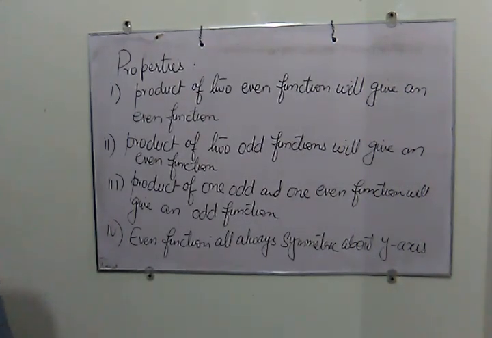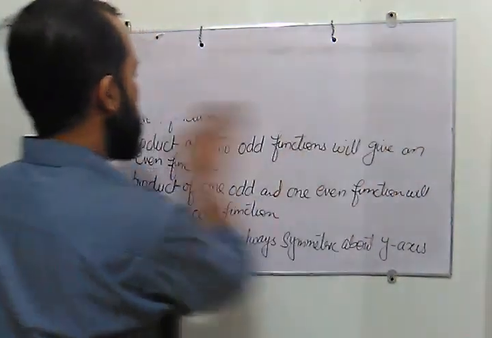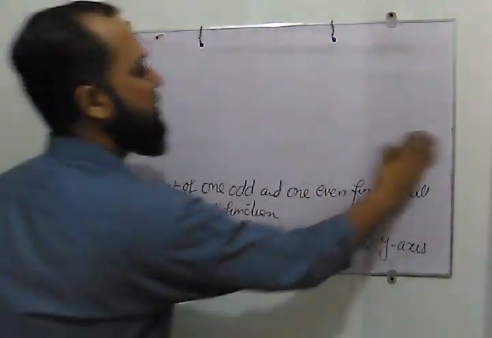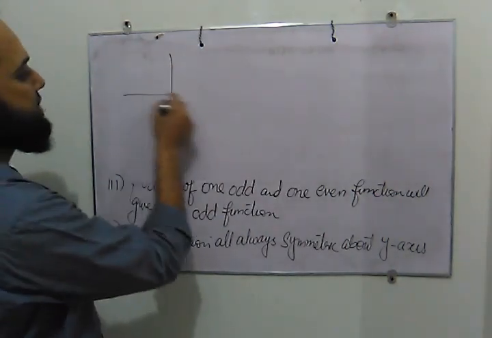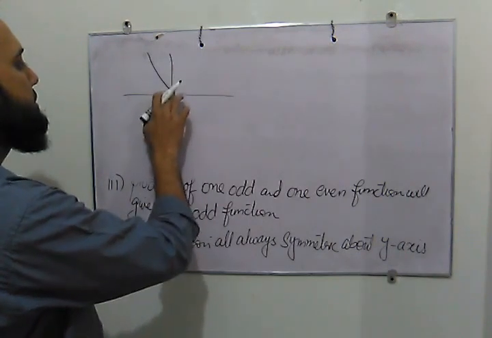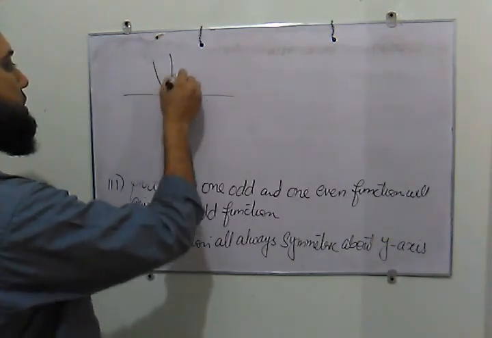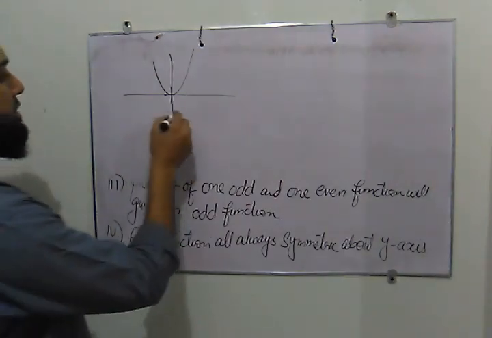Even functions are always symmetric about the y-axis. So if you draw a graph about the y-axis, an even function will be something like this. This is the even function.